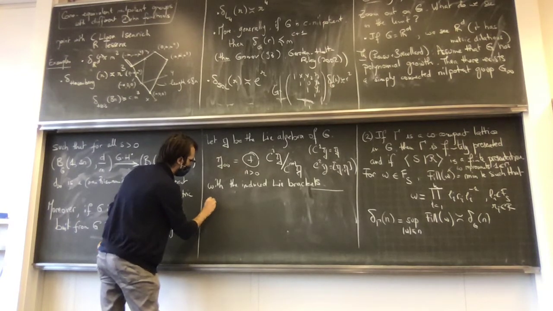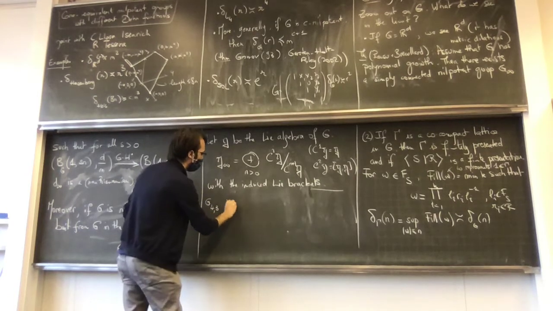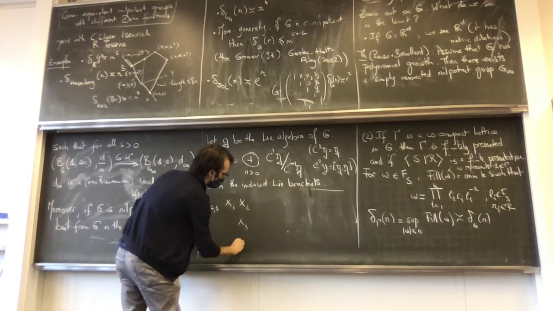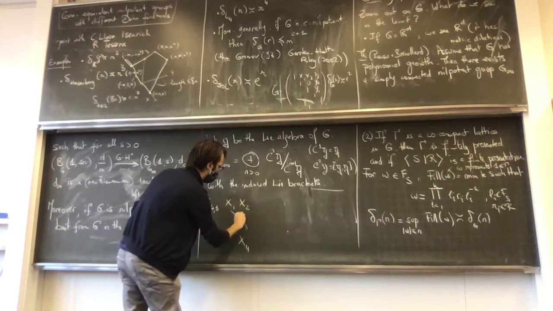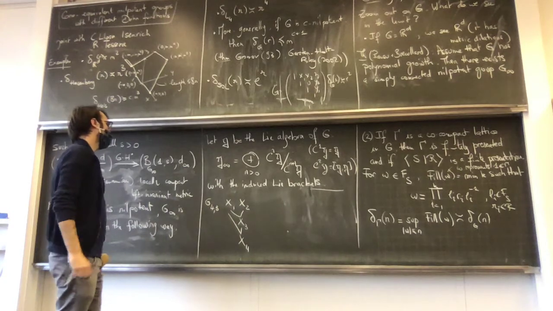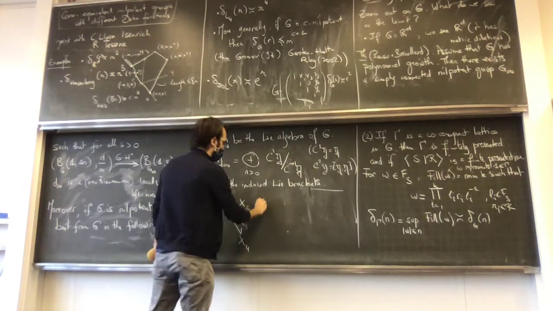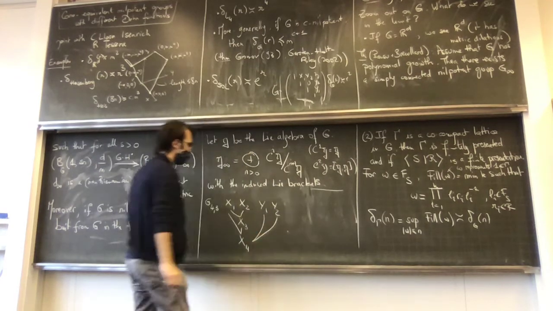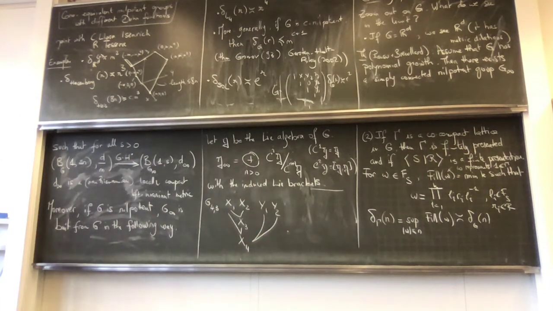I will call G43 the following group. You take a copy of the group L4, which is defined with these brackets and is of nilpotency class 3, and you take a Heisenberg group and you glue them in this way.